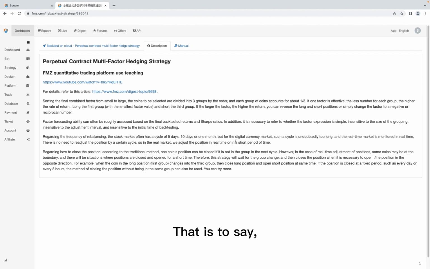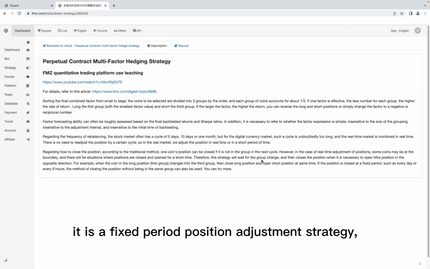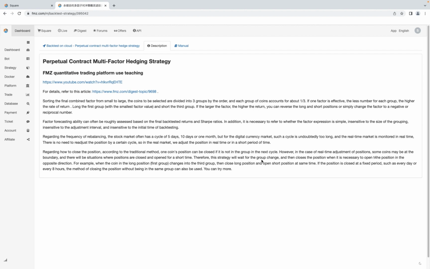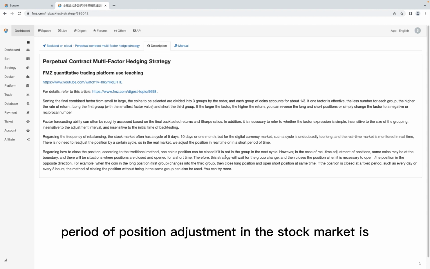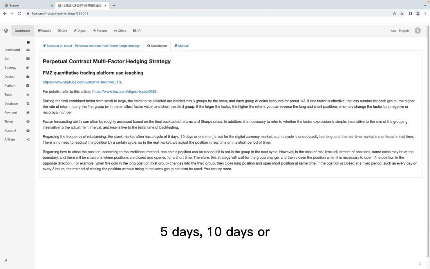That is to say, unlike the traditional multi-factor strategy, which is a fixed period position adjustment strategy, our strategy is a real-time position adjustment strategy. For example, the fixed period of position adjustment in the stock market is 5 days, 10 days, or 1 month.